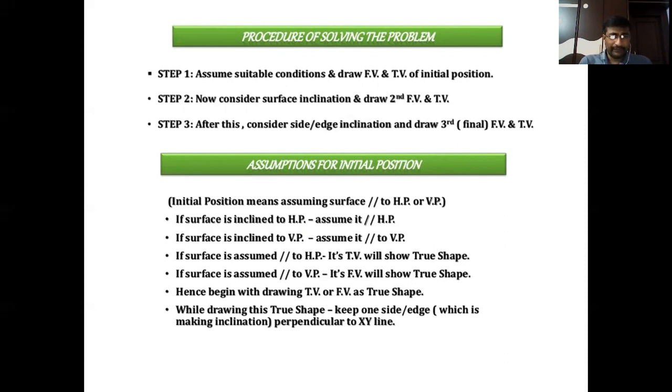Clear? If we assume the surface is parallel to HP, its top view will show the true shape. When we look from the top side of the surface, it will look like a true shape. If the surface is assumed to be parallel to VP in the initial position, then its front view will show the true shape.